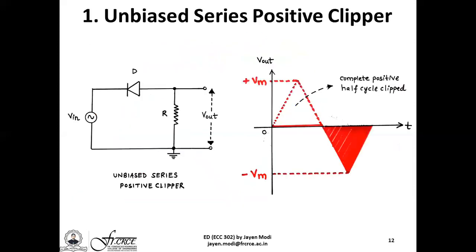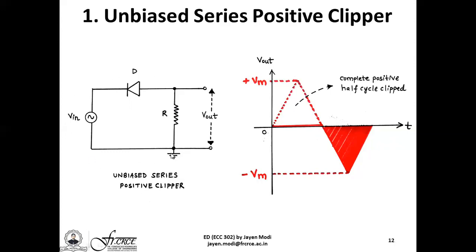The first is the unbiased series positive clipper. To understand the circuit, let us look at the title: unbiased. When you see the word unbiased, the circuit diagram clearly shows that there is no DC reference bias voltage connected anywhere in the circuit.